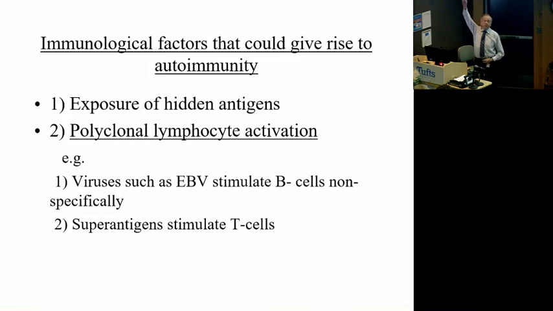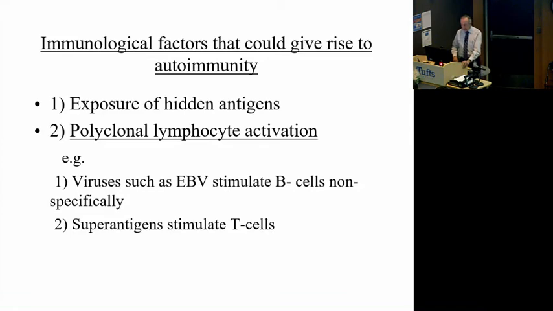Your B cell count goes up to the sky. The EBV is stimulating non-specifically all kinds of B cells. So can you see that maybe before a child gets diabetes, he got an infection, and now they're stimulating B cells and T cells in that case against everything, including the islets of Langerhans, you see?